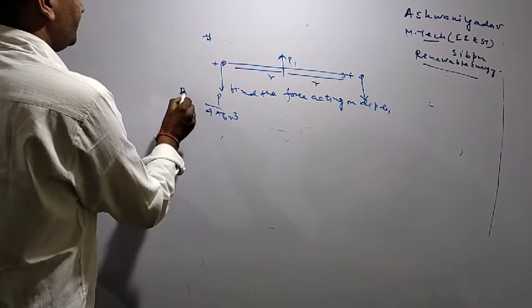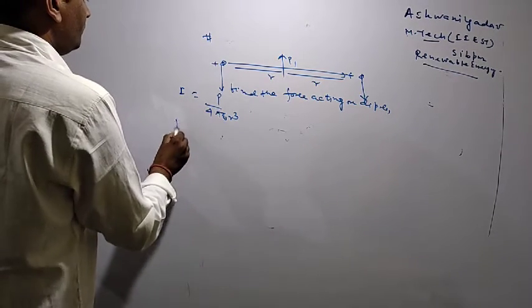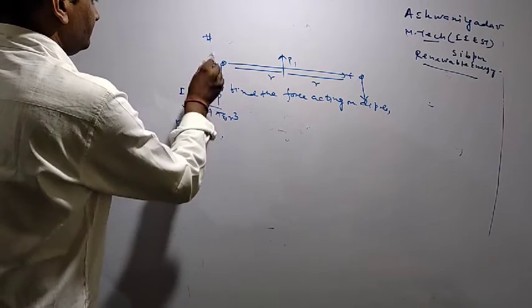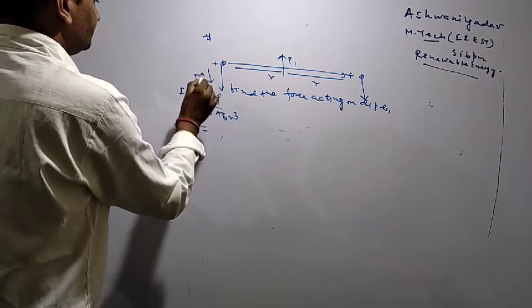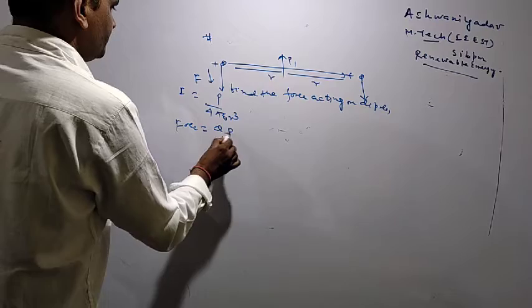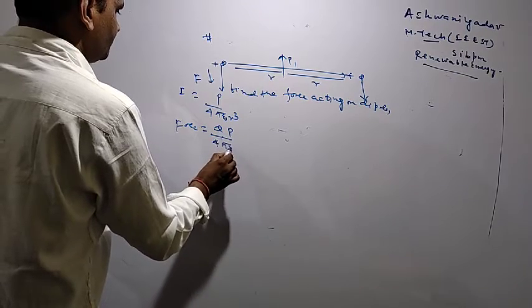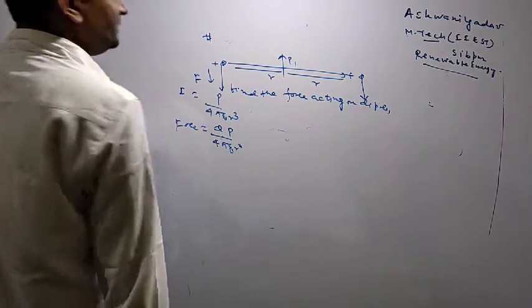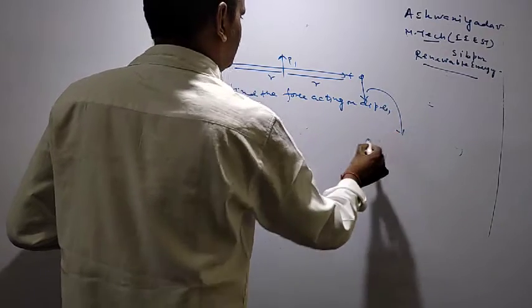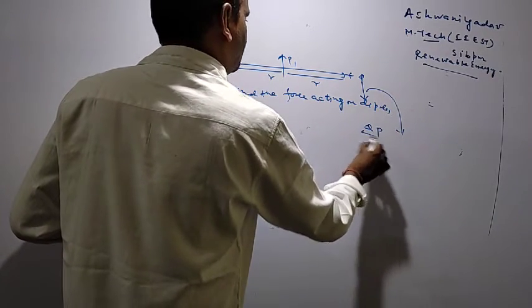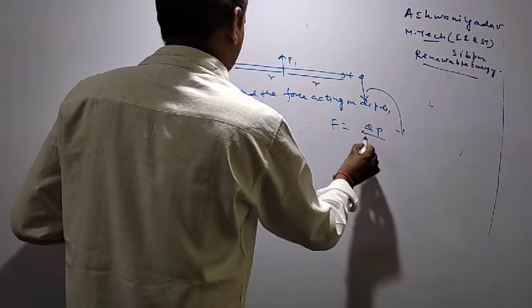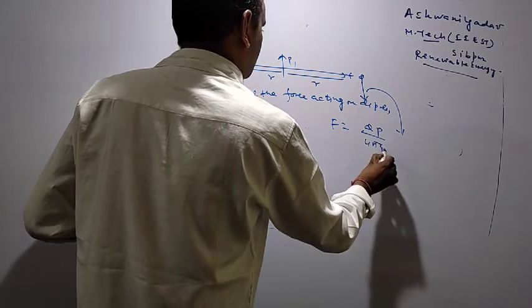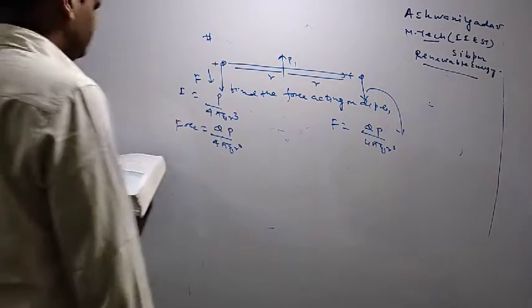This is the electric field. Now force will also be in this direction. This is nothing but QP by 4 pi epsilon naught R cube. Similarly for this case, the force is also equal to QP by 4 pi epsilon naught R cube.